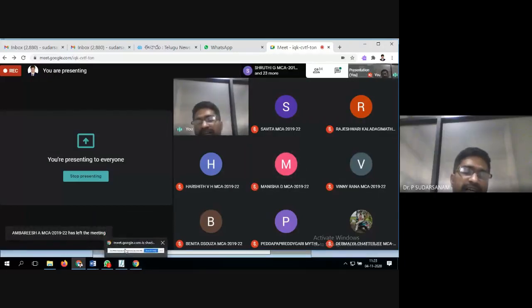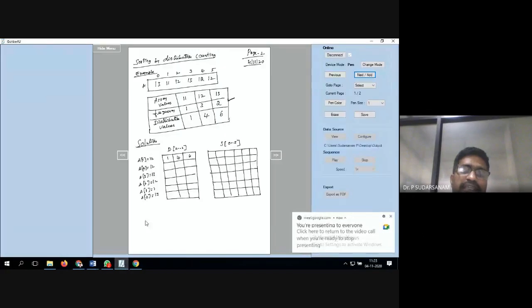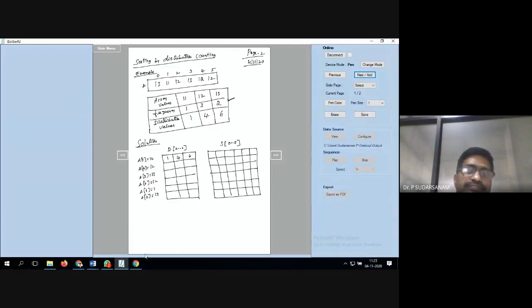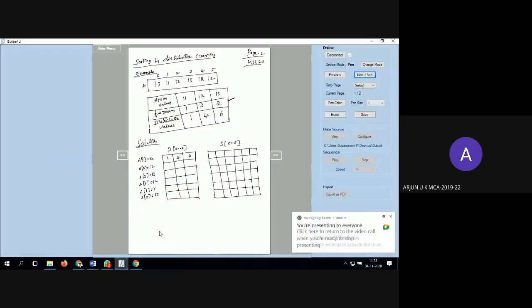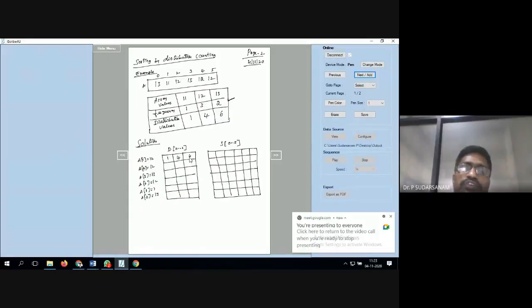Manisha. Okay. So now, see the table here. Can you see? So distribution table, what are the values you are having? Arjun. Sir, distribution values 1, 4, 6.